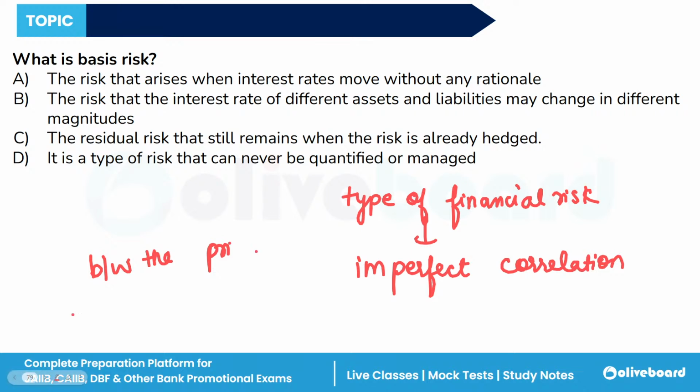This disparity can lead to potential losses when the hedging strategy does not perform as expected. So we can say that basis risk is the risk that the interest rates of different assets and liabilities may change in different magnitudes.